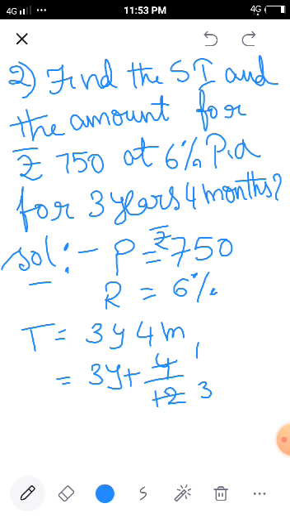So 3 plus 1 upon 3, take the LCM of 1 and 3, then it is 10 upon 3 years.